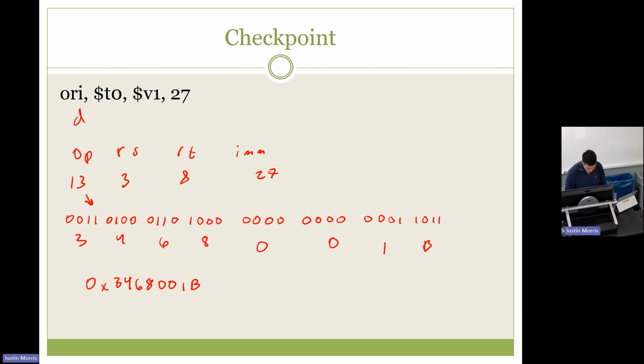So looking at the MIPS reference sheet, on the OR immediate, RT is equal to RS OR the zero-extended immediate, right? And we know that the first one here is the destination in MIPS.